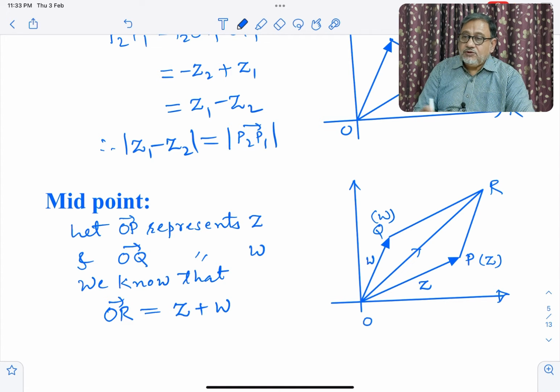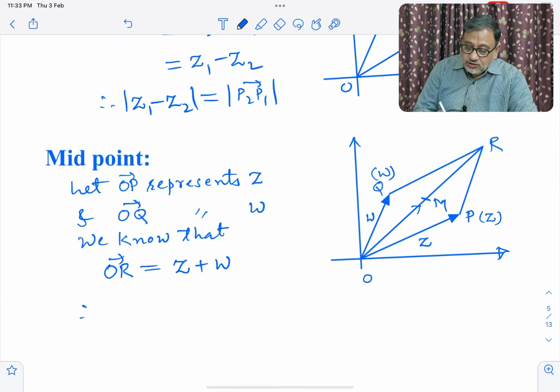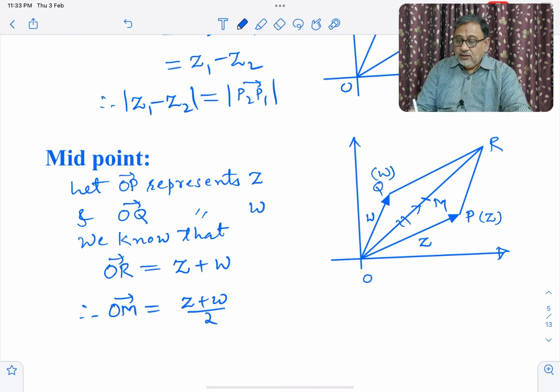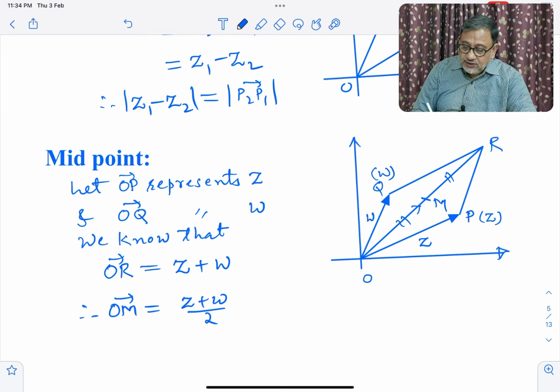So Z plus W is given by OR, and suppose M is the midpoint here. So therefore OM is equal to Z plus W divided by 2 because it is the midpoint. So this tells us that the midpoint of Z1 and Z2 is represented by Z1 plus Z2 by 2.